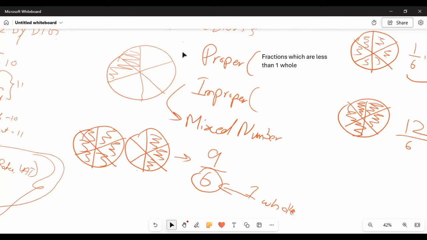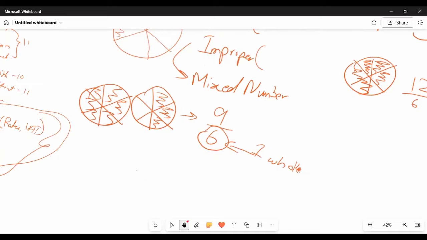If you have a good idea on fractions, you will be able to understand this 9/6. For a normal person, they won't understand because this doesn't make sense if the person doesn't know fractions. 9/6, how is this even possible? We have only 6 pieces, but from the 6, this guy is going to have 9. Did you understand that point? Improper itself says it's not proper.